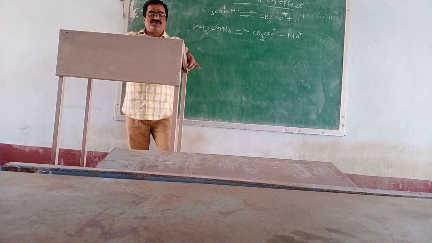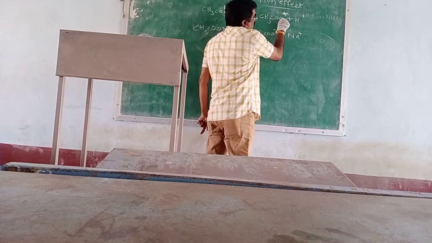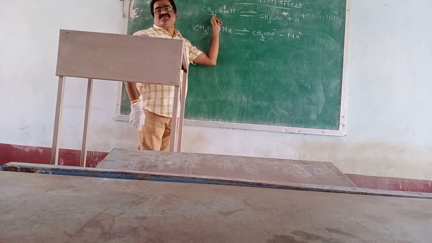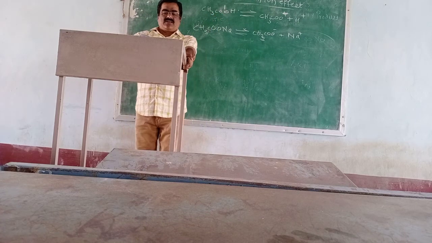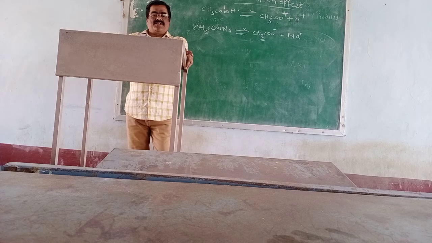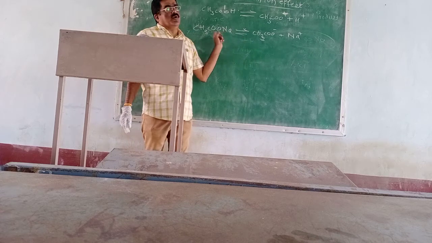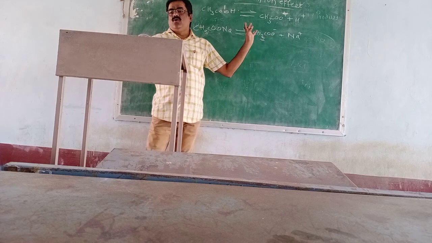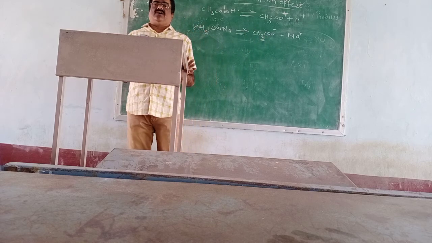The CH3COO minus plus H plus ions revert to CH3COOH, and thus the dissociation of CH3COOH is suppressed due to the presence of CH3COONa containing the common ion CH3COO minus. This is the common ion effect we have seen here.